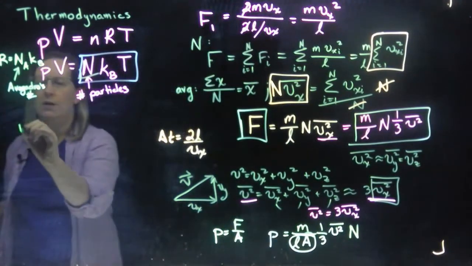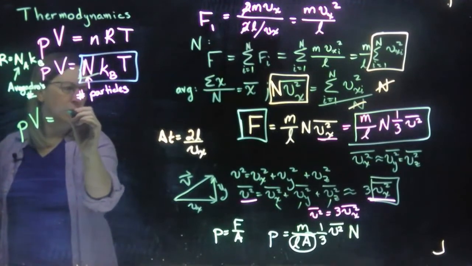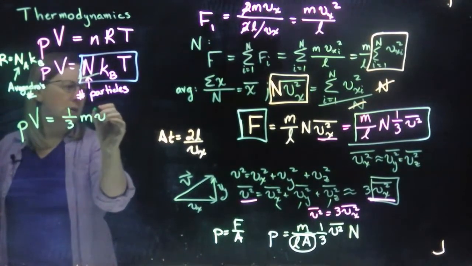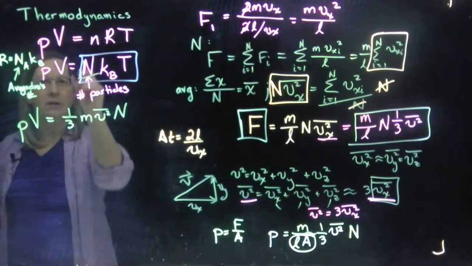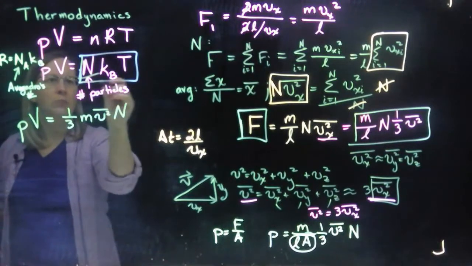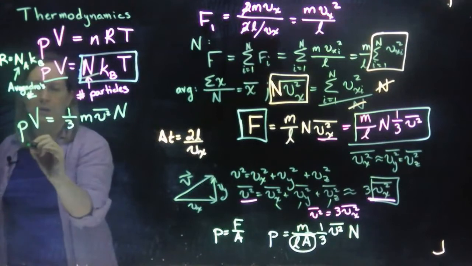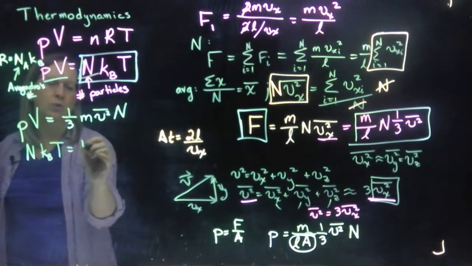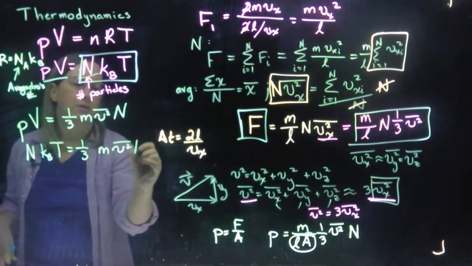Multiply that over here, I get pressure times volume is equal to 1/3 m v squared times n. And so if we use this expression right here, PV equals that, then I can put in N kB T is equal to 1/3 m v squared times n.